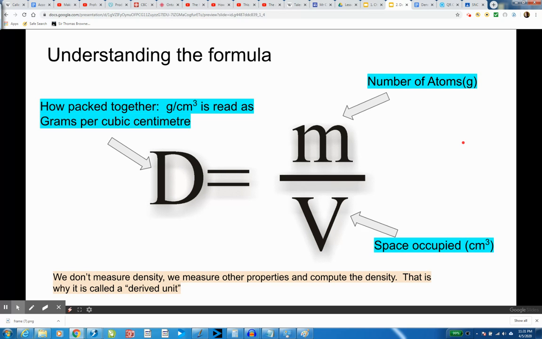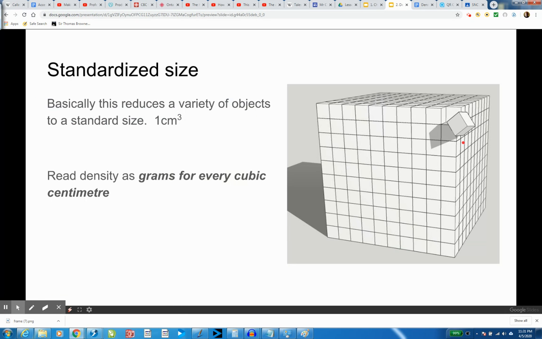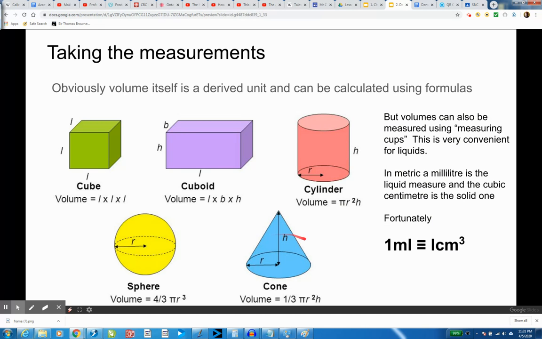So we do not measure density with a densityometer. We calculate it from 2 other units using this formula. We standardize it to 1 cubic centimeter, sometimes a cubic meter, sometimes a cubic kilometer. But basically, if I gave you an object, we're just cutting off one little tiny cube of it and getting that mass of a sugar cube sized piece. Grams for every cubic centimeter.